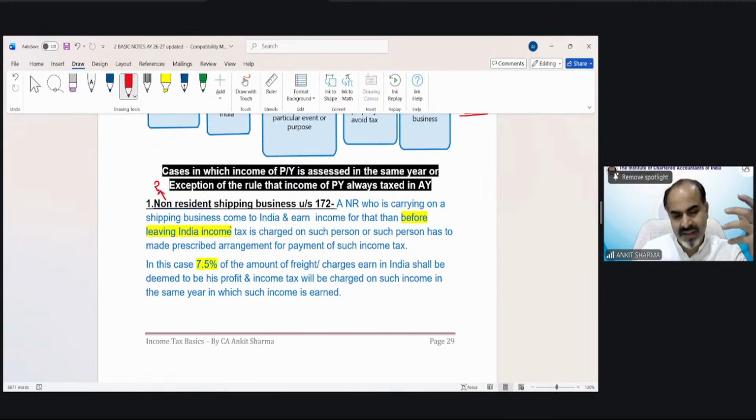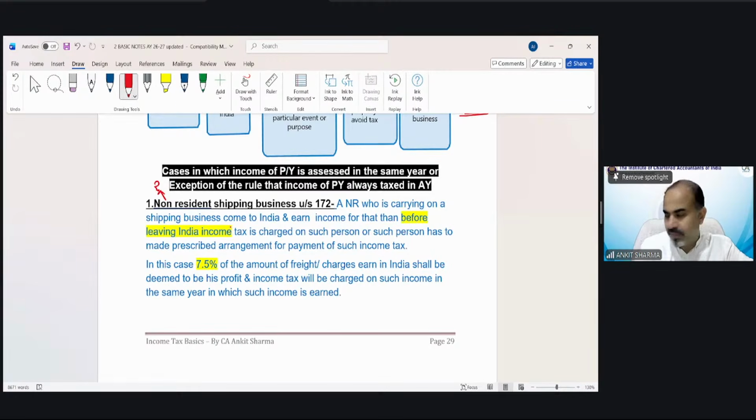What exactly a non-resident is, we will discuss in detail in chapter number 2, but for the time being, let me tell you, those who reside outside India are non-resident for our country. So now the question says a non-resident shipping business under section 172.